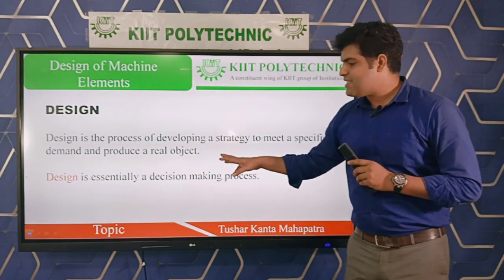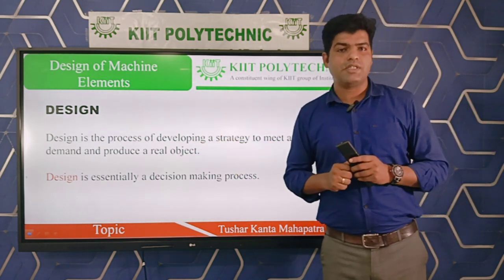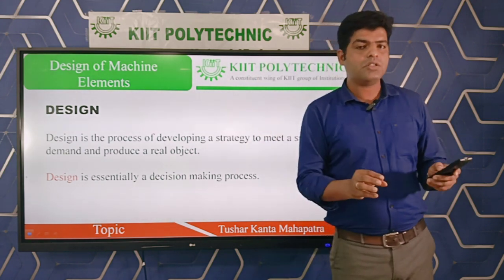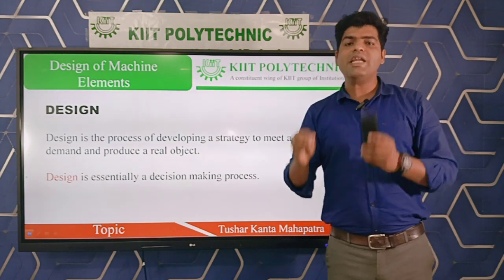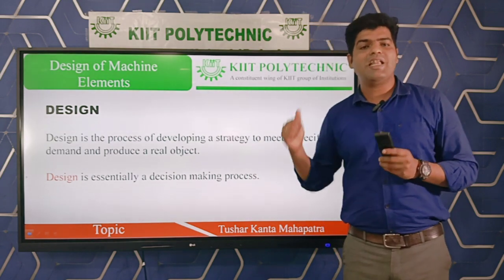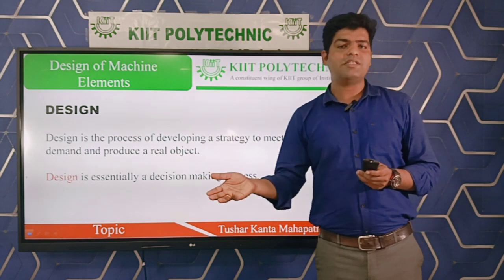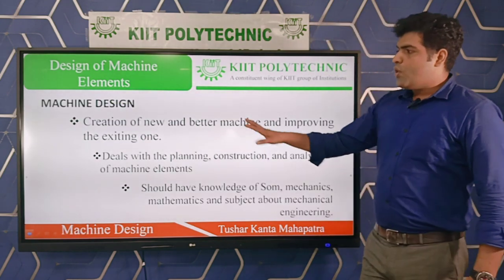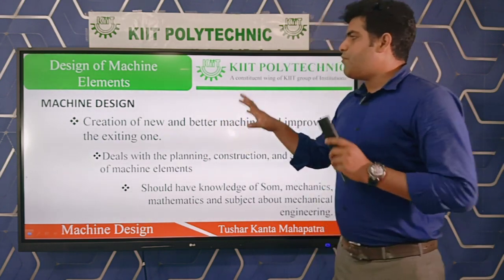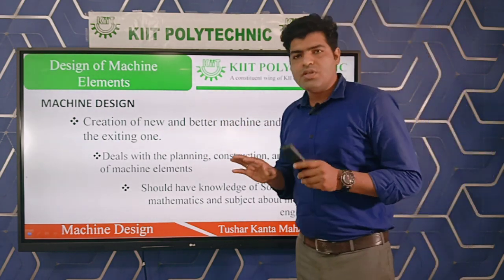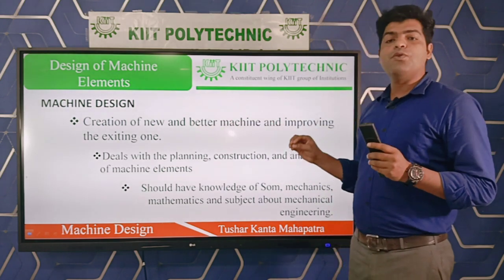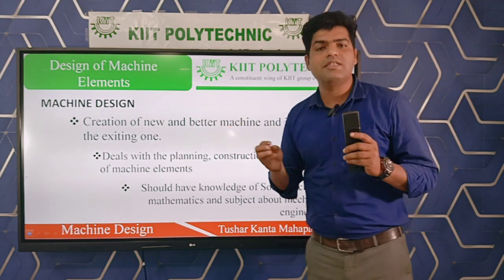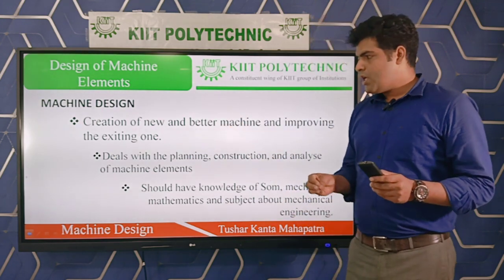So design is essentially a decision making process. First we think about the product, its aim, its need for humans, then its demand. After all these things, we produce the product. So what is machine design? It is the creation of new and better mechanisms and improving the existing ones.